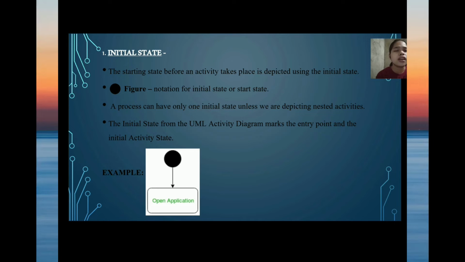So, ang usa ka process is naa lang siya usa ka initial state unless kung atong i-represent ang nested activities. The initial state from the UML activity diagram marks the entry point and the initial activity state. For example, here the initial state is the state of the system before the application is open.